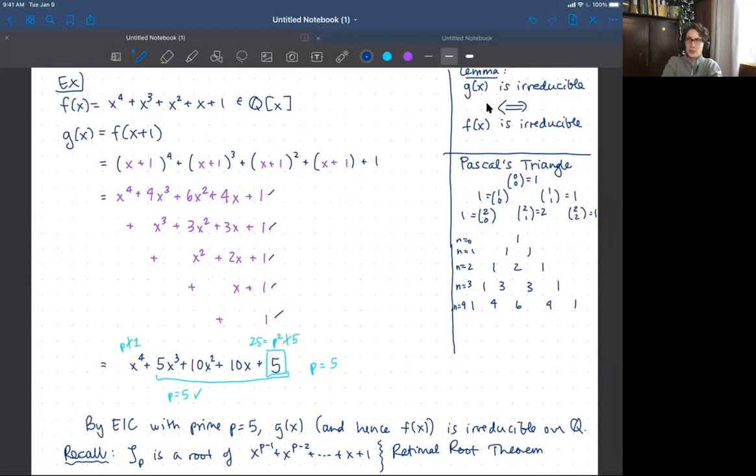Take all the divisors of the constant coefficient, divide by all possible divisors of the leading coefficient, and that cooks up your list of candidates. And then to check if those are roots, you just plug them in. So this helps you decide whether something has roots.